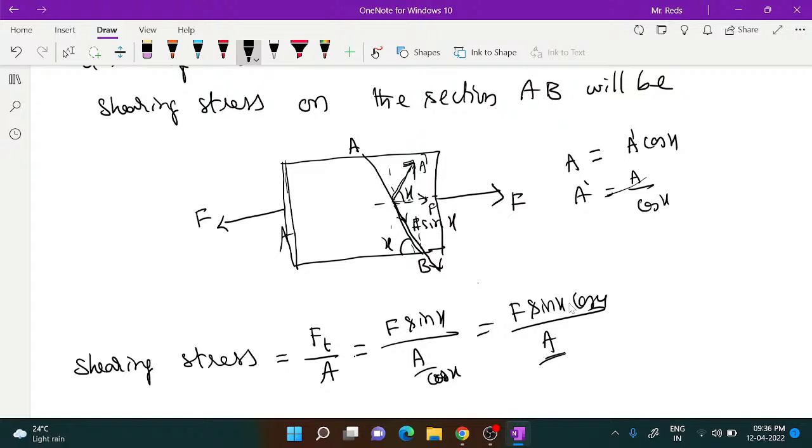So F sin x cos x by A is the shearing stress produced in this section. This is question number 18, and option 1 is the right one.